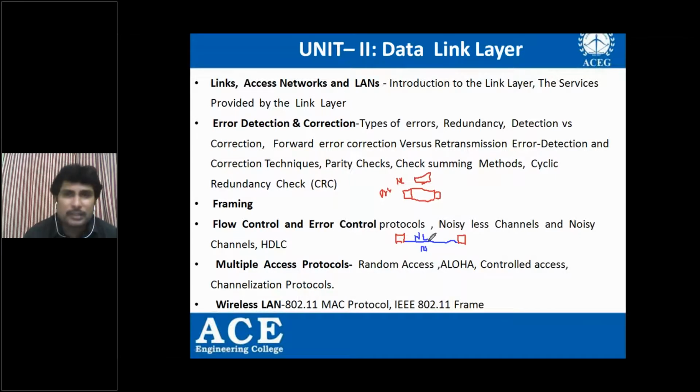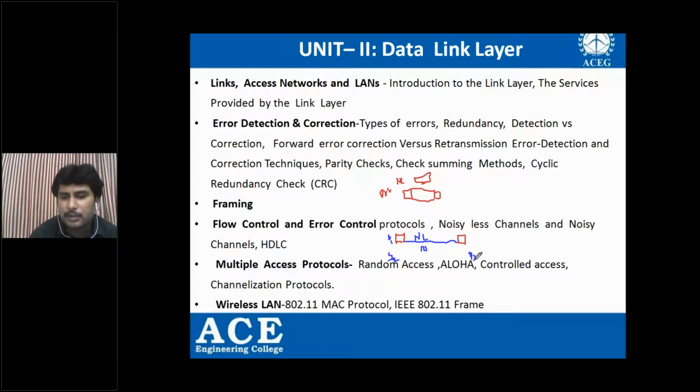There is a chance that more than one device will be trying to use this channel to send information from source to destination. For instance, this is S1 and I have another source S2 which would like to transmit data to the destination.